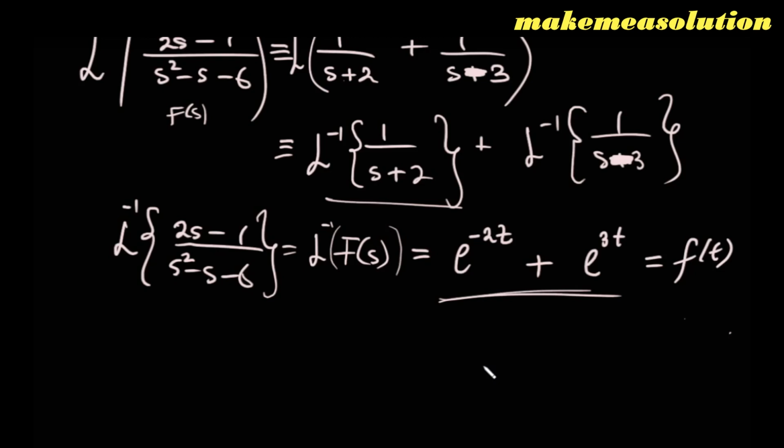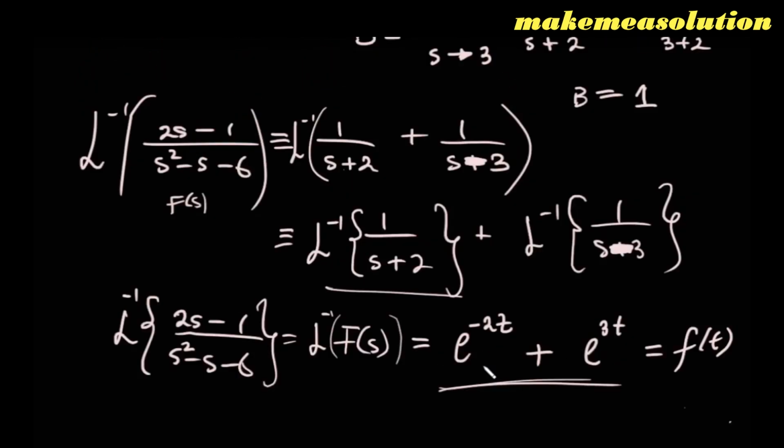So just refresh partial fractions if you're not very strong. Refresh the cover-up method, refresh comparing coefficients. The method of comparing coefficients is very important. Then also refresh the method of completing the square.